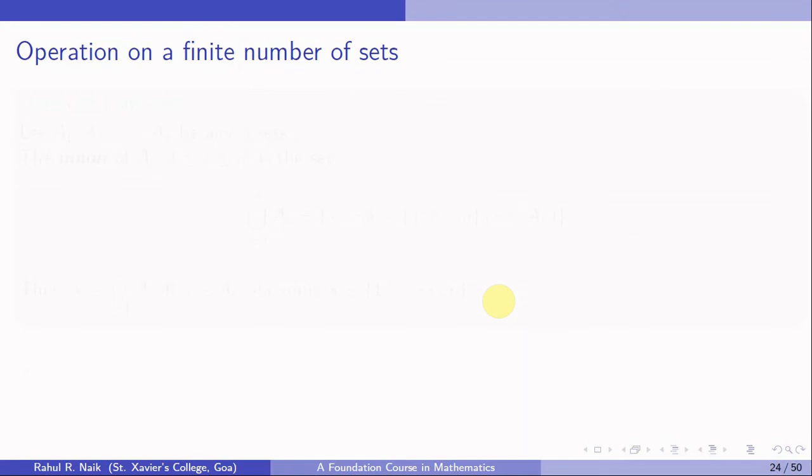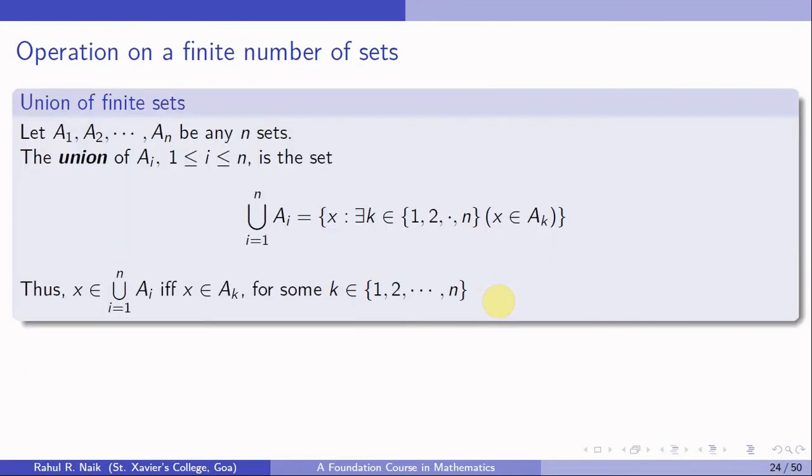Suppose we have n sets A1, A2 till An. The union of this Ai, where i is varying from 1 to n, okay, this is the notation. Bigger union running from i equal to 1 to n. i is the variable that is used, that can be changed.